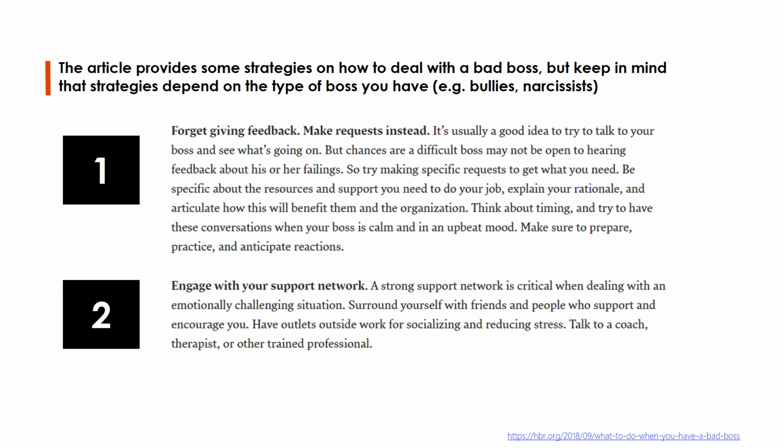The first thing is: forget giving feedback, make requests. This is usually a good idea when you're talking to your boss. If you have a difficult boss, he might not be open to hearing feedback. So forget giving the feedback, make requests.